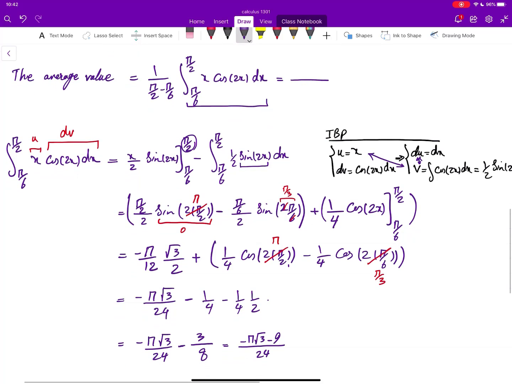Now, if I found the value of this guy, which is 3 minus 2, which will give me 2 pi over 6. Sorry, and that is just pi over 3. So this will be 3 over pi, the inverse of what we found.